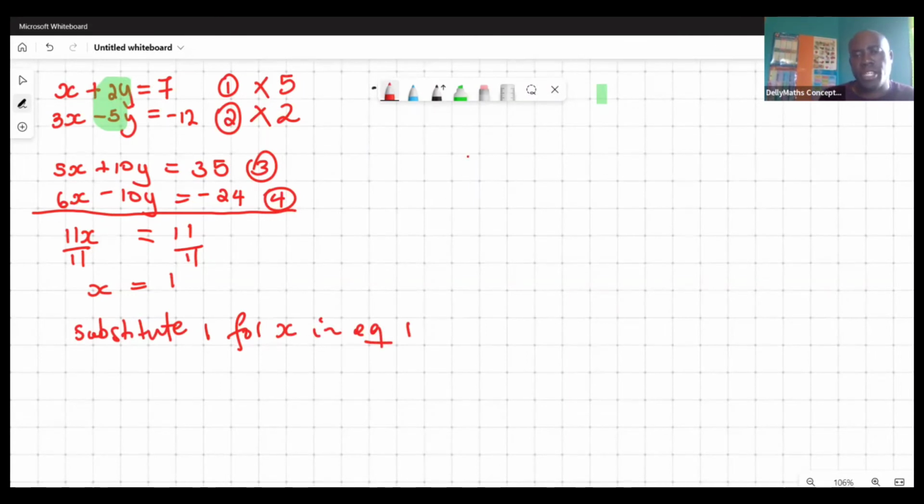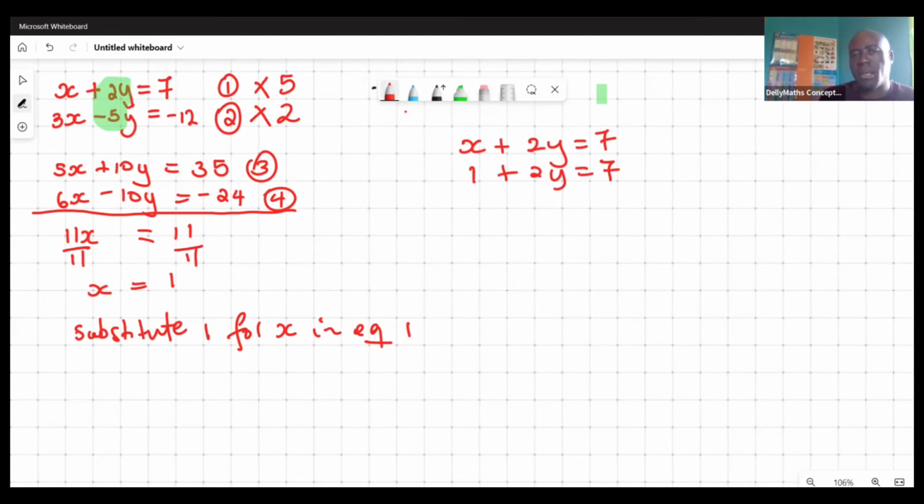So I'm going to write equation 1 up here: x plus 2y is equal to 7. But I know that x is equal to 1, so I can say 1 plus 2y is equal to 7.